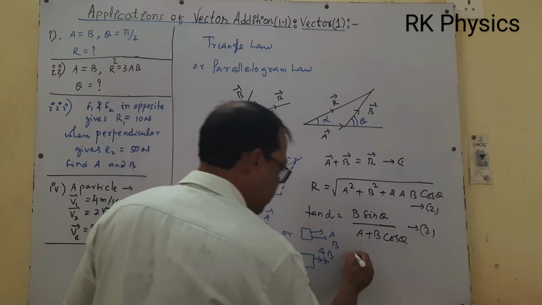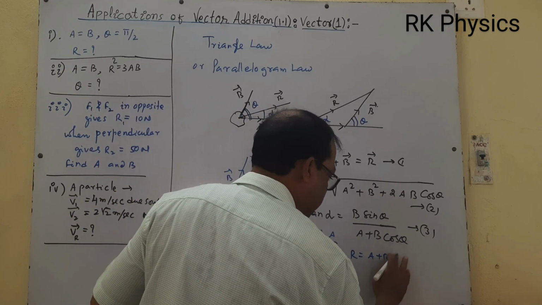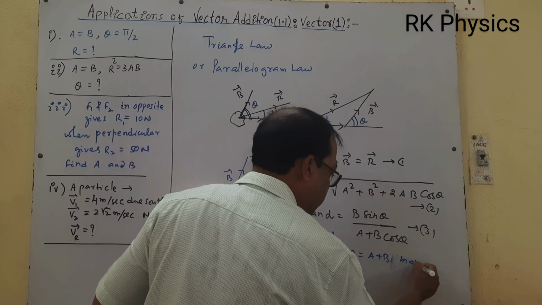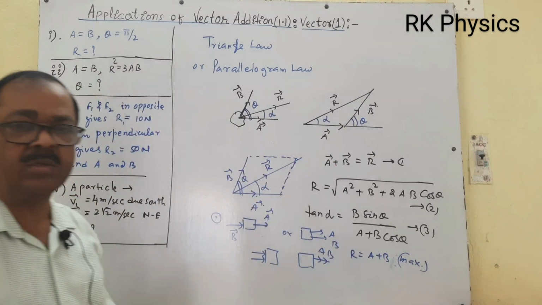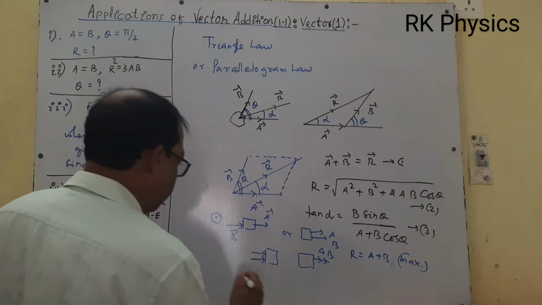In all these cases, you will get the resultant as A plus B. This is treated as the maximum value for given A and B.